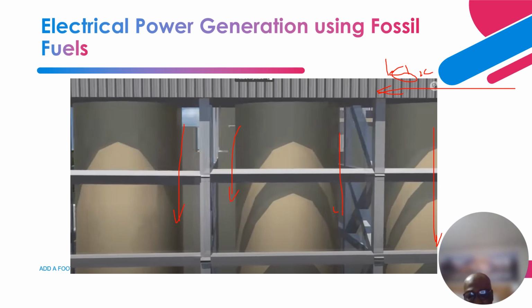I told you that the pulverizer is just a mill, like you mill corn, right? Its goal is to grind the coal into fine powder.